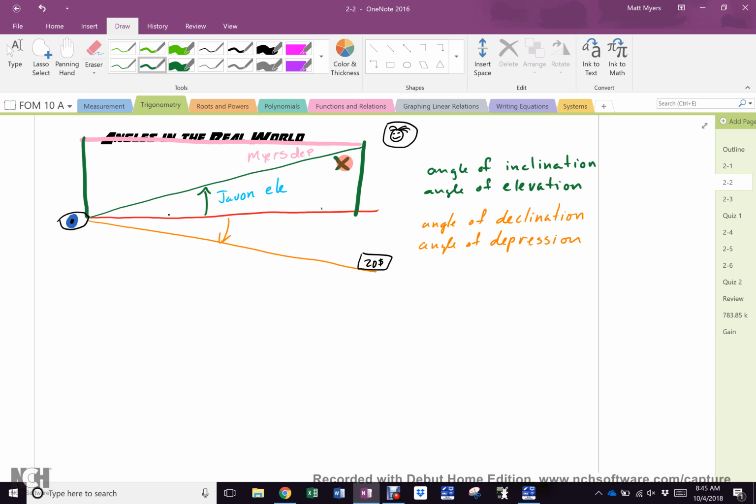Don't be that kid. Everybody understand? Angle of depression and angle of elevation are between the horizontal and up or the horizontal and down. This is not between the horizontal and down, is it? Everybody cool? All right.